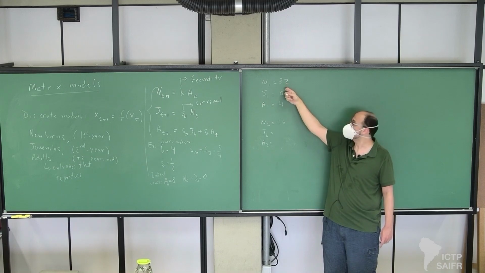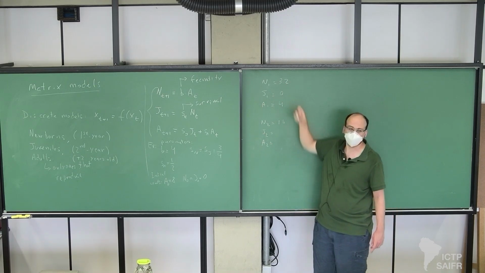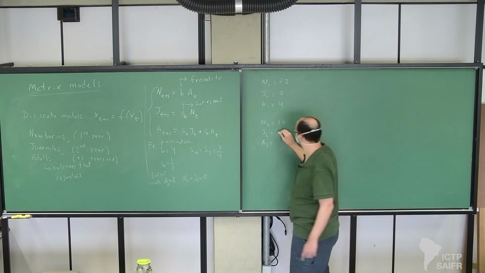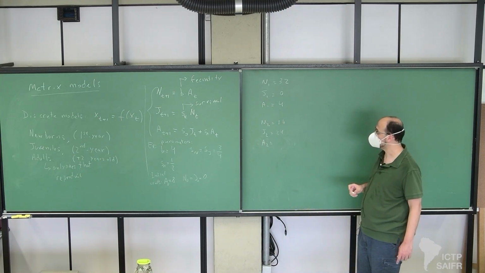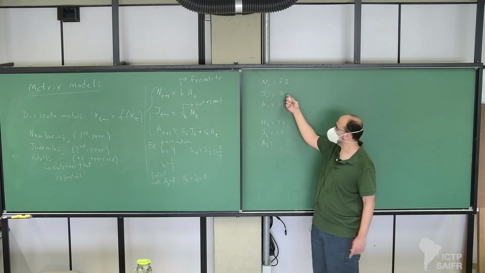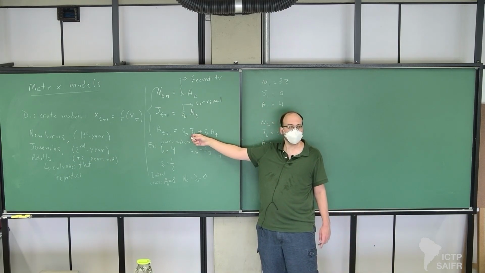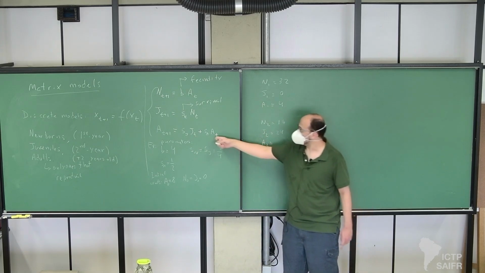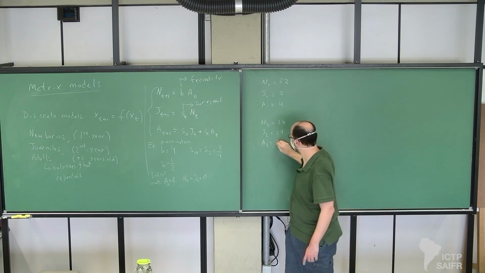So I have 32, and 1/4 of them die, so I have only 24 left. And what is A2 now? I didn't have any juveniles, so I still don't have any juveniles maturing into adults yet. So I only have the adults that survived from before, so I have 2 here.